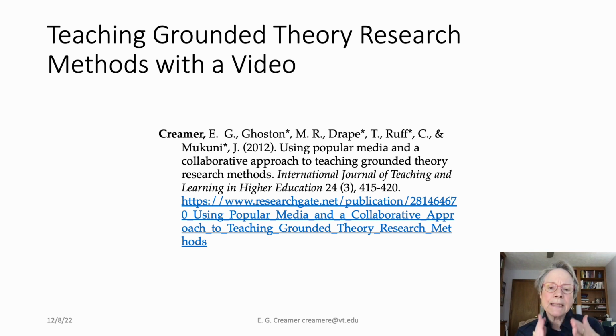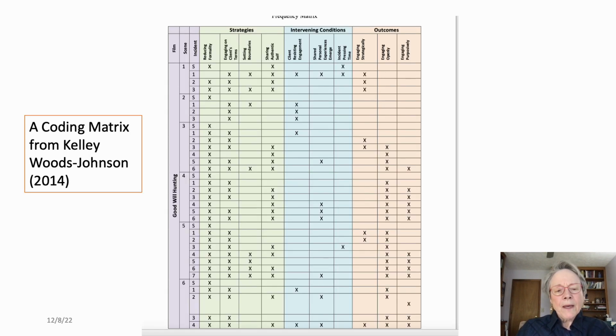And we coded scenes in the movie, just like you would in an observation, say, of a classroom. We coded scenes from a movie and then developed a grounded theory. I described some of that with my colleagues, students from the class, in the publication that is listed on the slide. So here's an example of a coding matrix that a student of mine, Kelly Woods Johnson, developed in 2014.